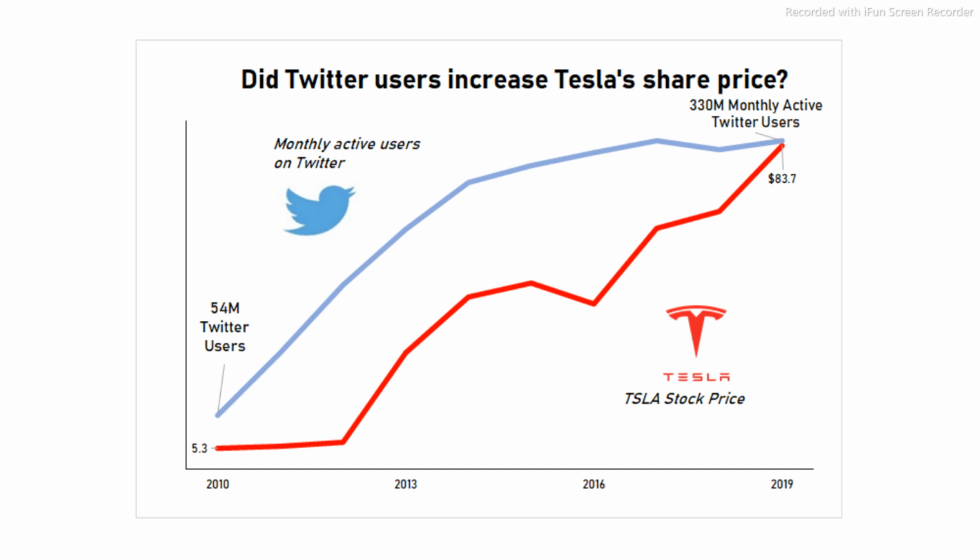The number of Twitter users and the share price of Tesla are increasing in some proportion, so these two variables are highly correlated. But can you say it is the single reason why Tesla price is increasing? You can't. So correlation means there is some relation between the two variables, but whether one variable is causing the other to happen or not, that can't be figured out from the correlation.